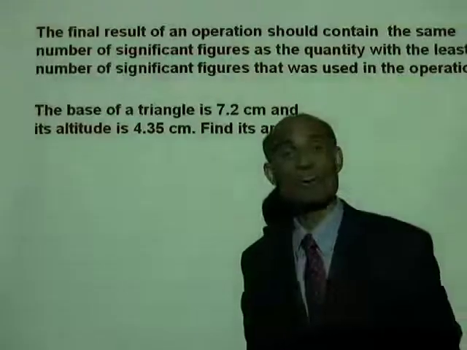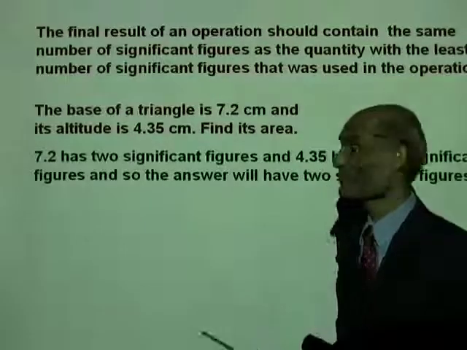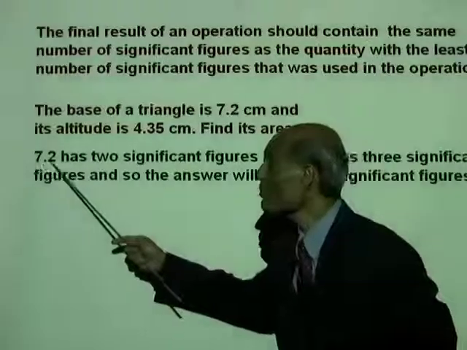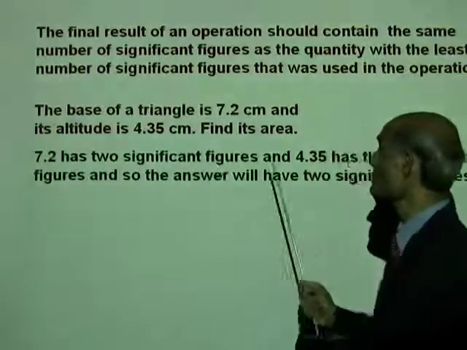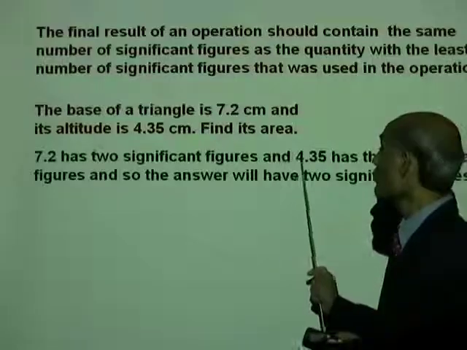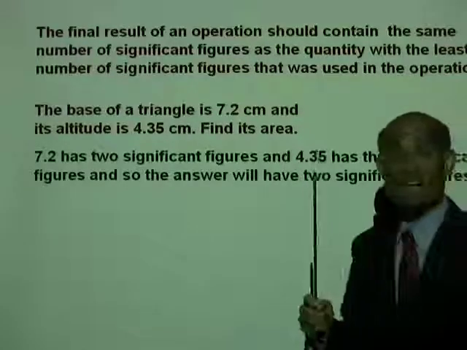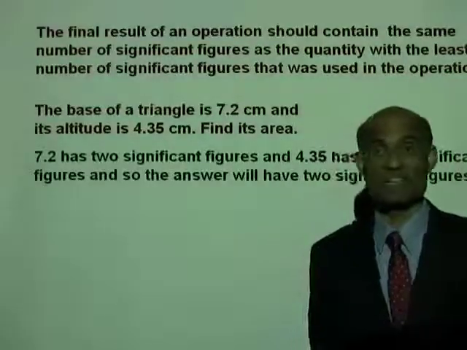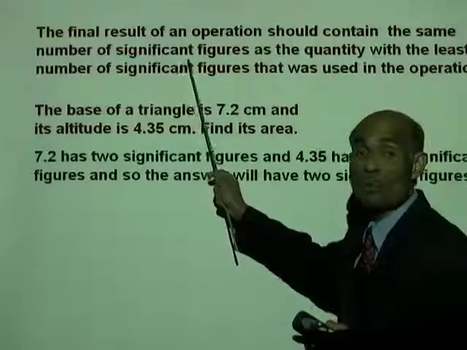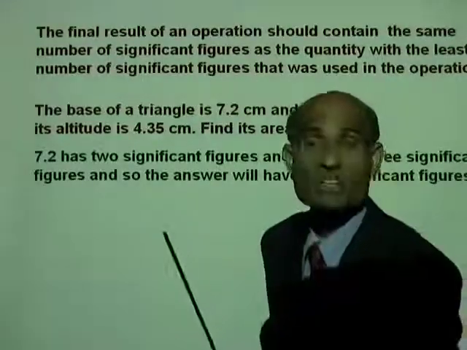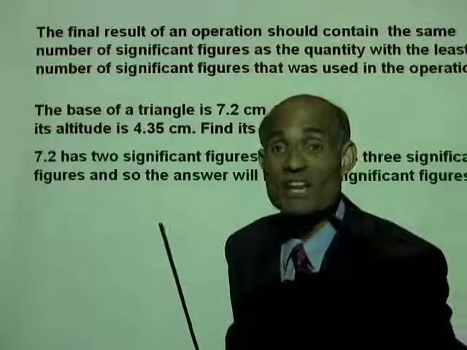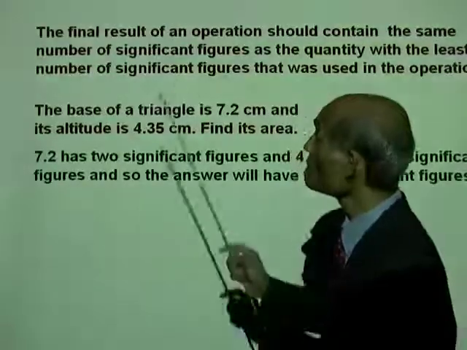Alright, what is the area of a triangle? If you notice, 7.2 has 2 significant figures, 4.35 has 3 significant figures. Tell me, using this rule, how many significant figures should there be in the answer? What does the rule say?